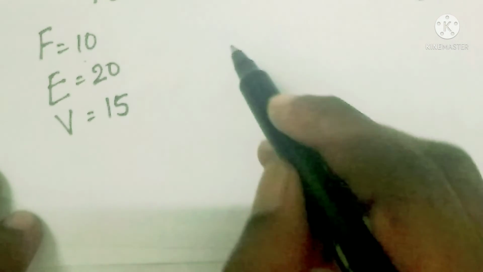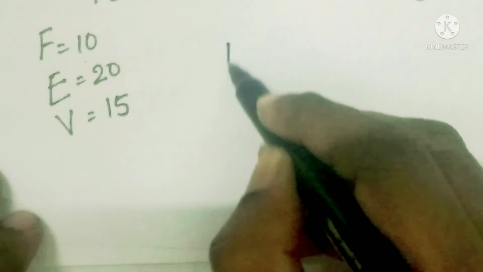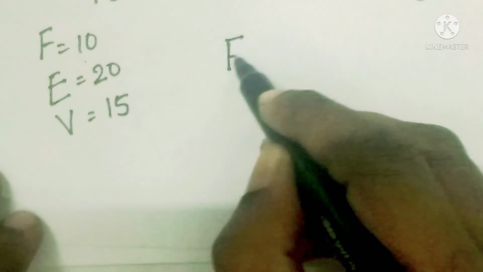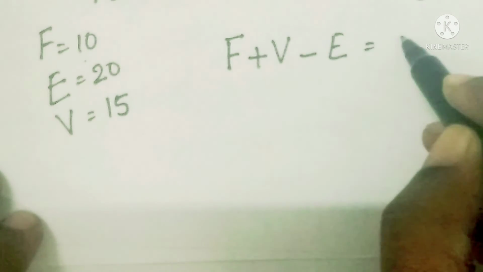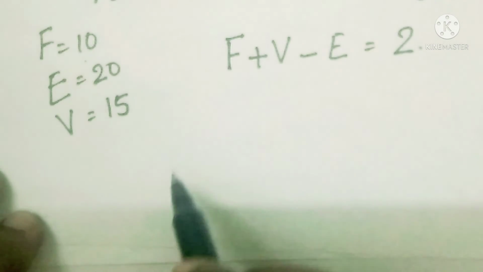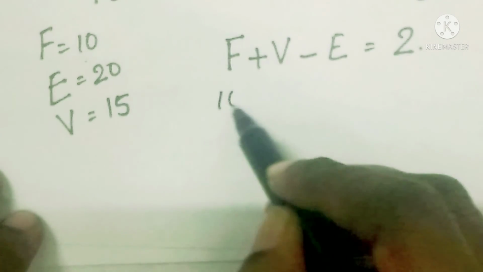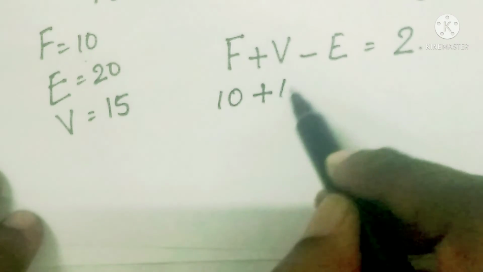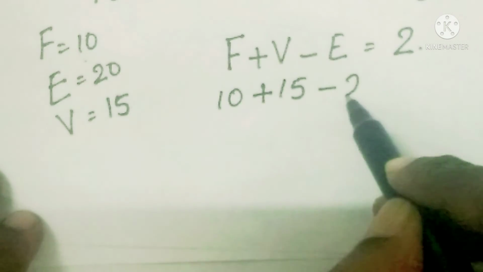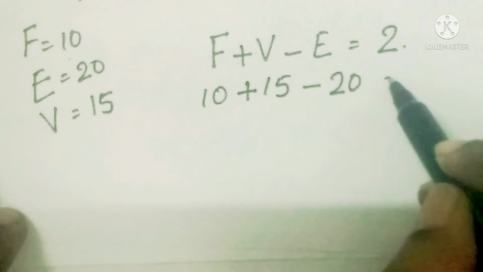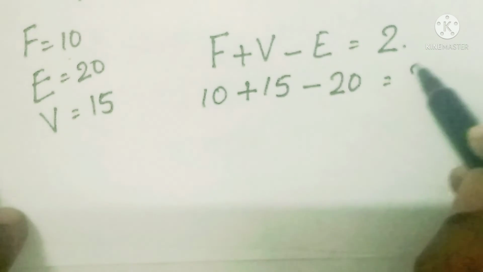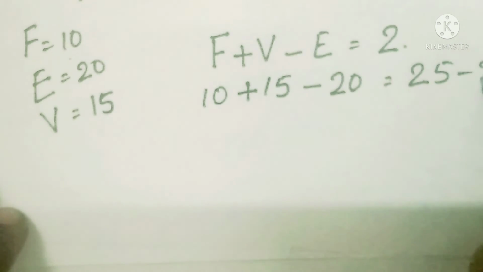So let us see whether it is possible or not. What is Euler's formula? F plus V minus E is equal to 2. Substitute these values. F is equal to 10, V is equal to 15, E is equal to 20. So when you work out, what will you get? 10 plus 15, 25 minus 20, which is equal to 5.